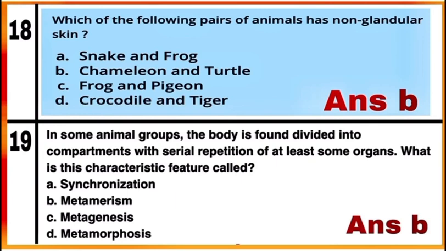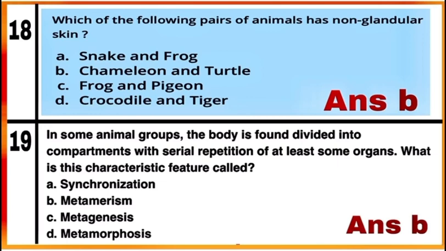Question 18. Which of the following pairs of animals has non-glandular skin? Option B. Both chameleon and turtle. These are the members of class Reptilia. Their body is covered by dry and cornified skin and their skin is non-glandular. So here mark B as a correct answer.